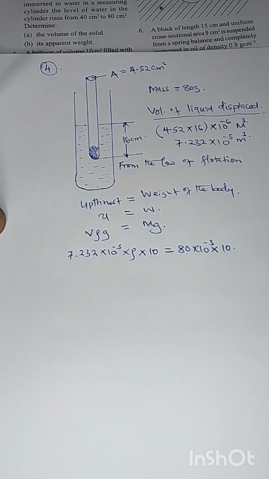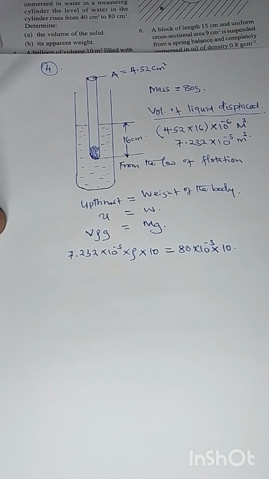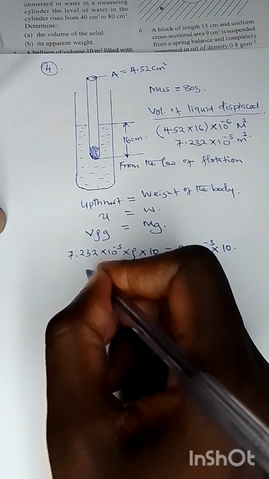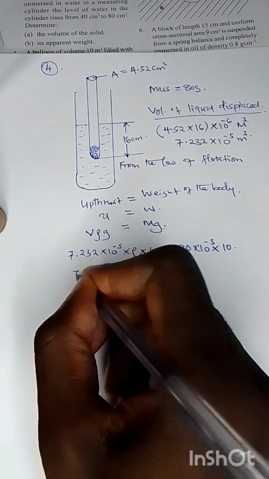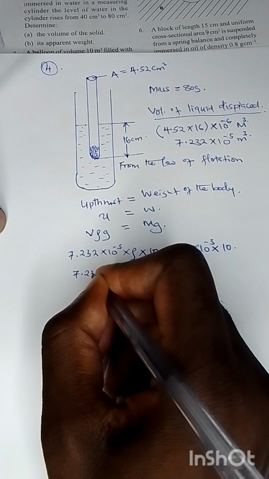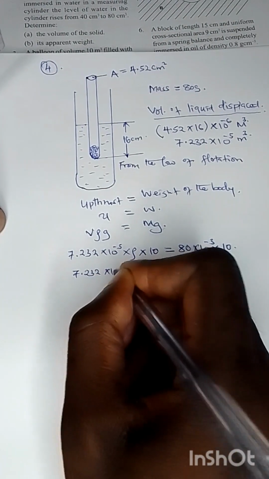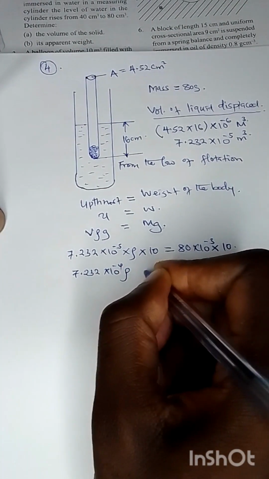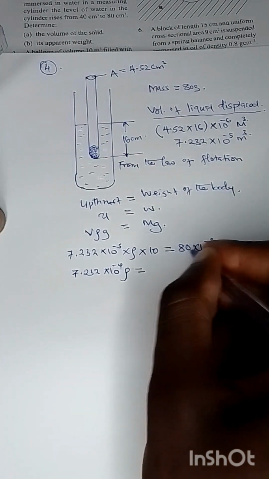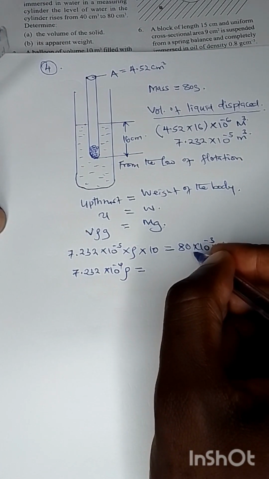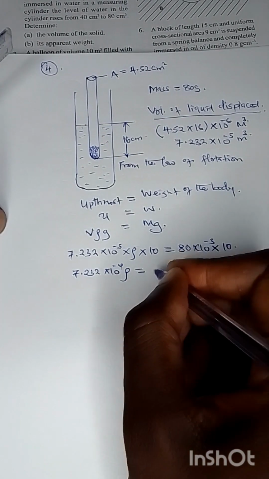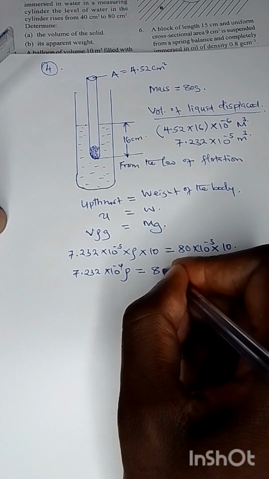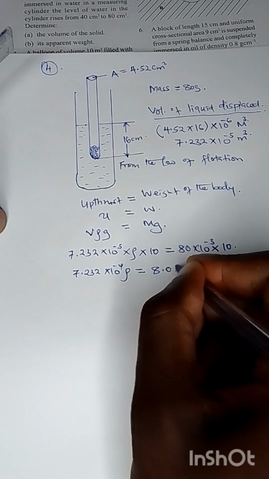Once that is done, from my calculator, this will give me 7.232 times 10 to the power negative 4 rho equals, when you multiply this, you'll get 8.0 times 10 to the power negative 1.